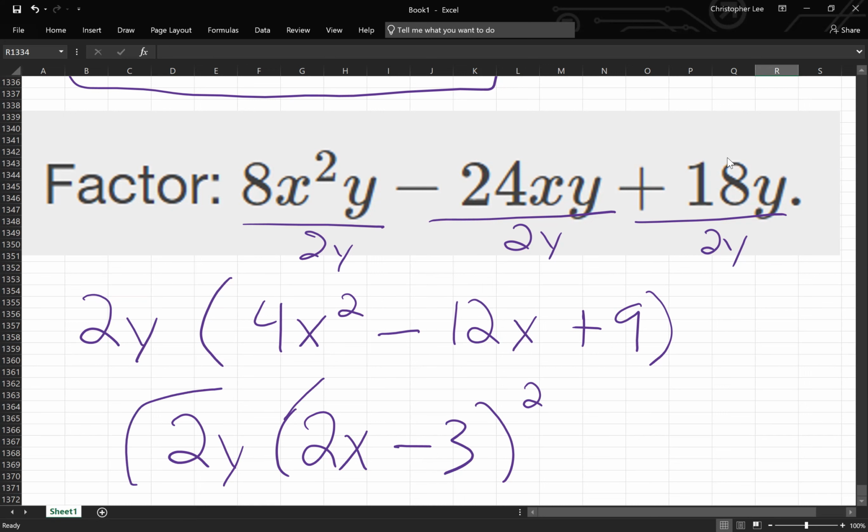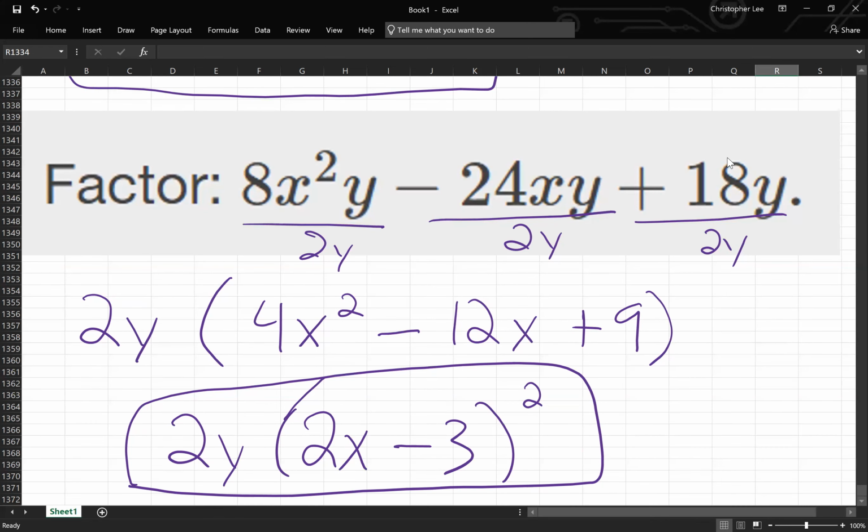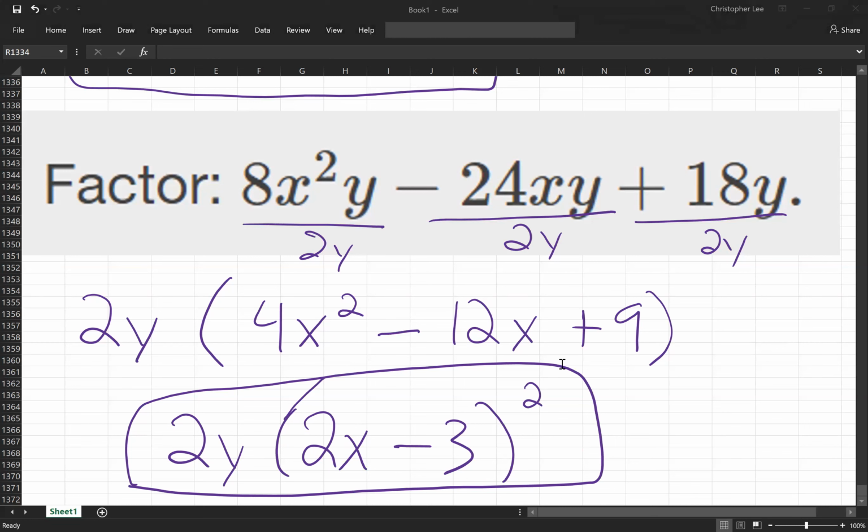That's the answer. Questions? Again, if this trick is confusing, use the AC method. I promise you it'll work. Might take a couple more seconds, but it'll work.